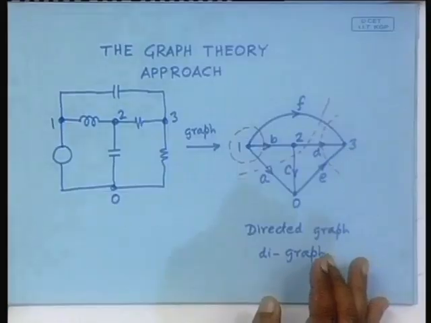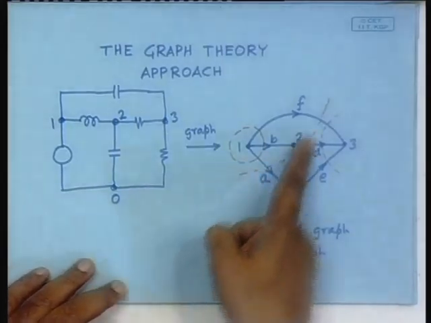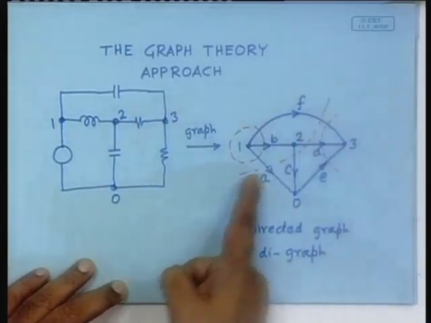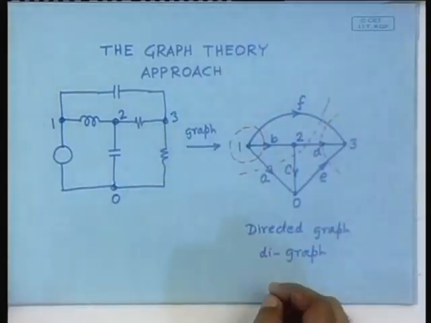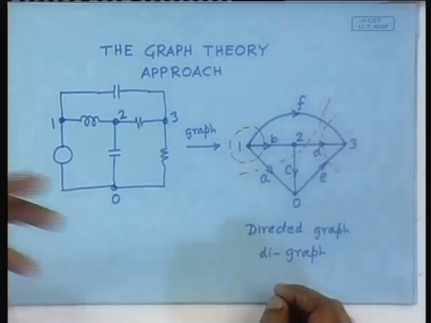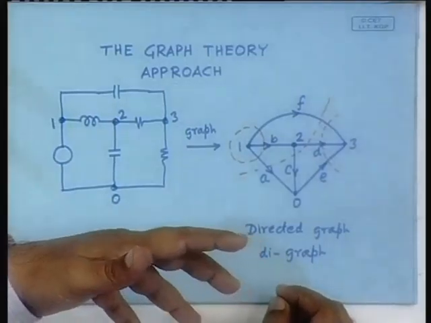Now, we will restate it by saying that at any cut set, all the currents going from one subgraph to the other subgraph sum to 0. So, it is a higher level definition of the Kirchhoff's current law.